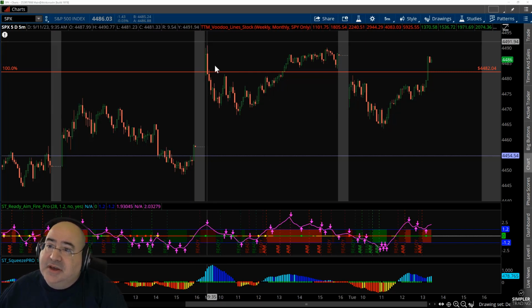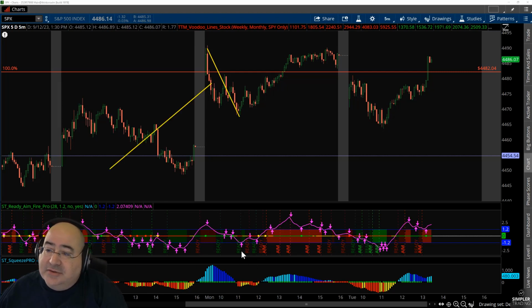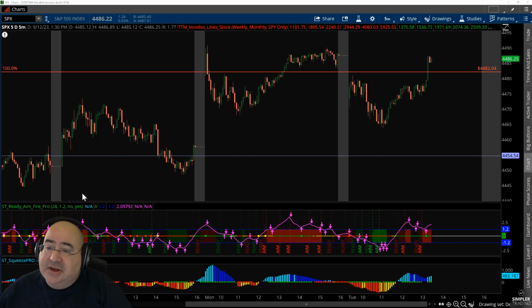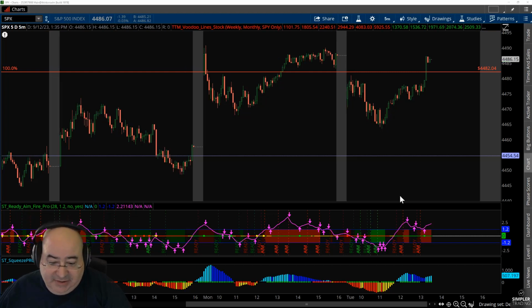If it's a small pullback in an uptrend, then you can use small time frame buy signals. If you're in a large uptrend that has been going up for a long time, I'm not going to look at a 5-minute sell signal and think I want to sell. The important part of using it is to understand what your larger time frame move is, and not to fight it just because you're getting a 5-minute signal the other way.